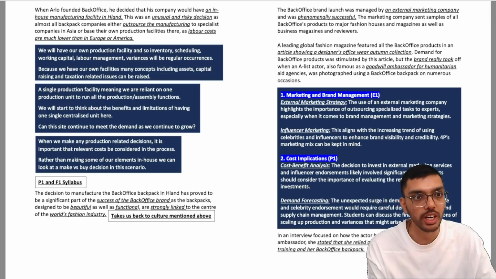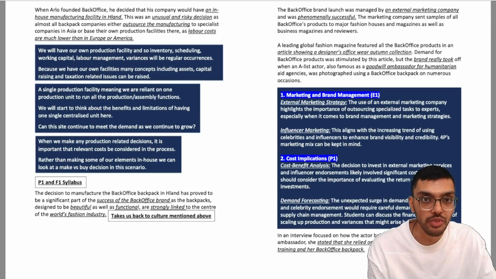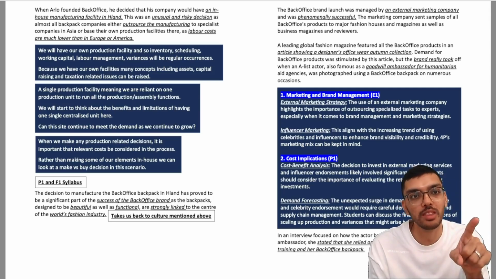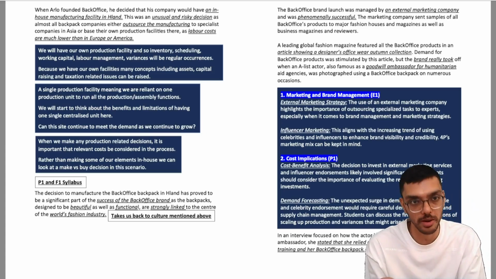We know this already. So we will have our own production facility, and so inventory, scheduling, working capital, labor management, variances, all of this will be regular occurrences straight from your F1 syllabus, except for the variances part, which is P1.